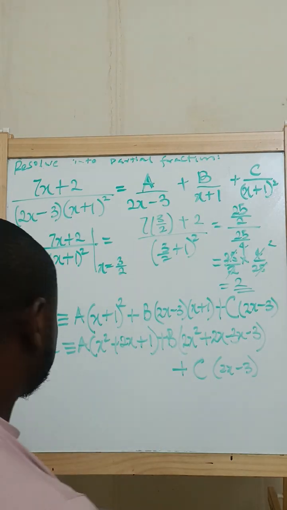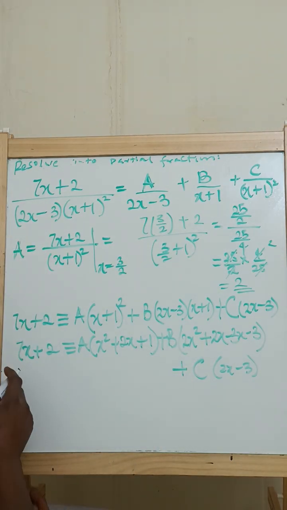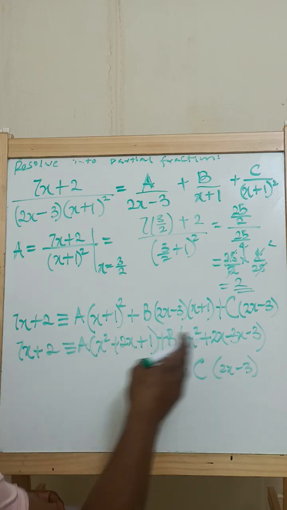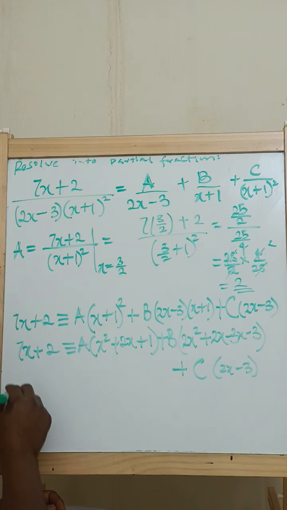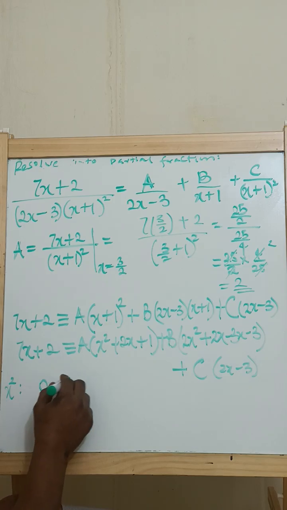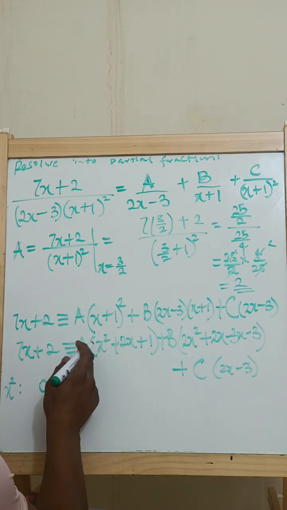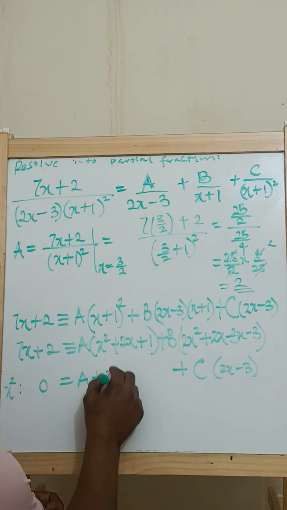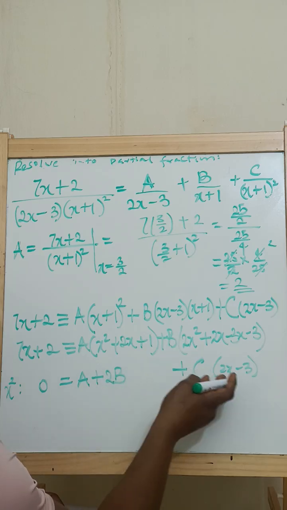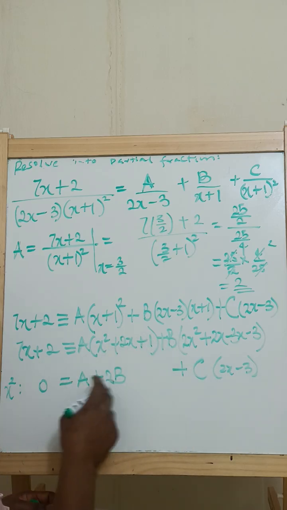Having expanded everything, we'll now compare the terms with x raised to the power 2. The coefficient of x squared on the left is 0. Comparing the x squared on both sides of the identity, 0 equals A times x squared and B times 2x squared, that is 0 equals A plus 2B.